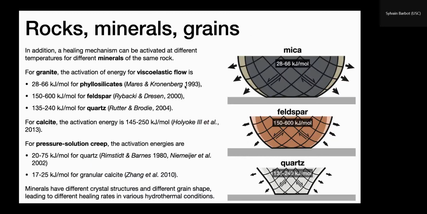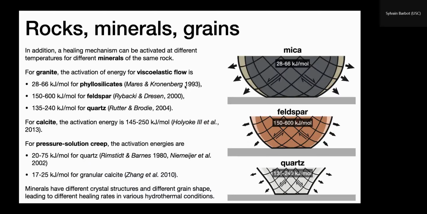And that's important because even for the same deformation mechanism, we would have different activation energies depending on the mineral. And so I like to take the example of granite because first, it's an important rock type for the continental crust. And it has a typical composition, including some phyllosilicates, mica, feldspar, some quartz.